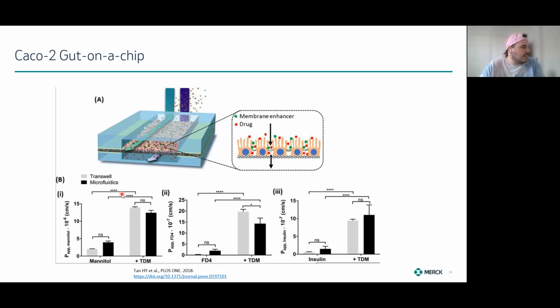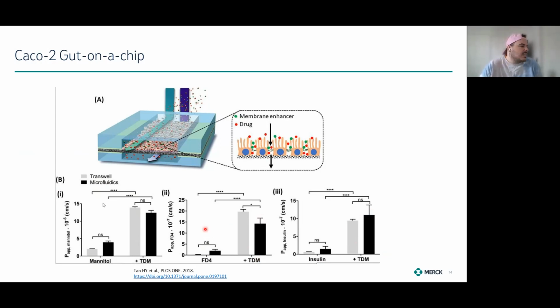And then when they put in these permeation enhancers, the tetradecyl maltoside, you see that they saw similar efficacy in both the chip and the transwell, but in most cases, in these two cases, they did see increased efficacy of the permeation enhancer in the transwell compared to the chip. This one is questionable because of really large error bars.